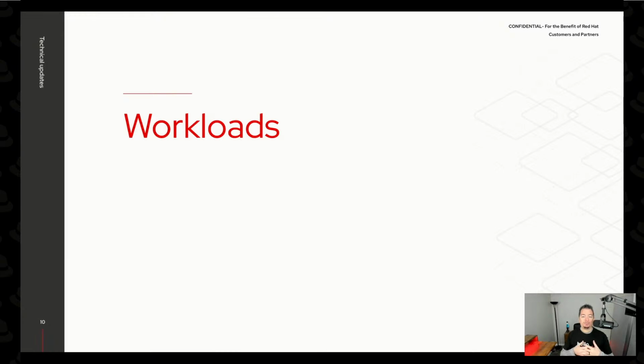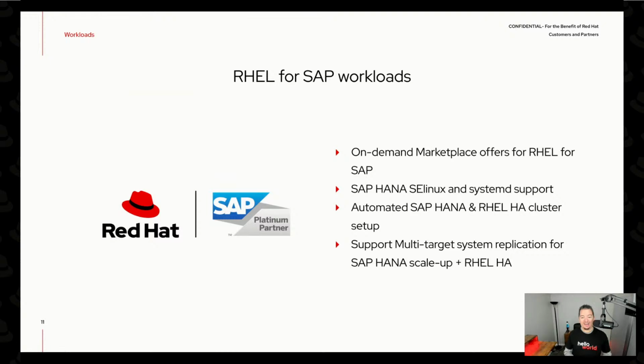Workloads. One of the biggest boons that we've seen in the infrastructure space is partnering with organizations that want their tools to run on a certified, reliable platform like Red Hat Enterprise Linux. One of our biggest partnerships, and we've kind of doubled down with SAP this year, they are a platinum partner, is SAP workloads on Red Hat Enterprise Linux.